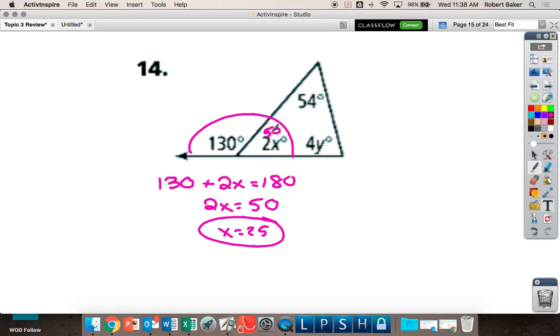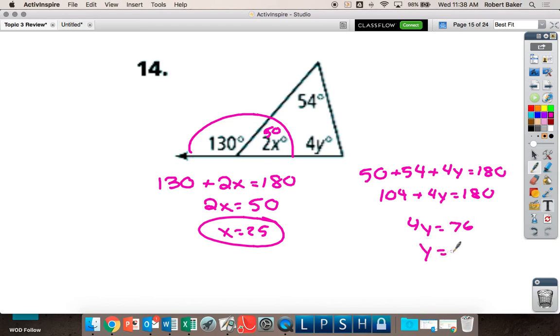And you have to have x for the test, but you know the angle's 50, and then 50, 54, and 4y all add up to 180. And you could solve that one. 4y equals 76. y equals 19.